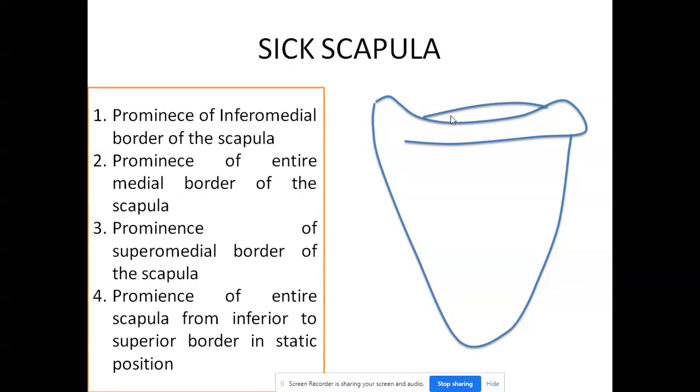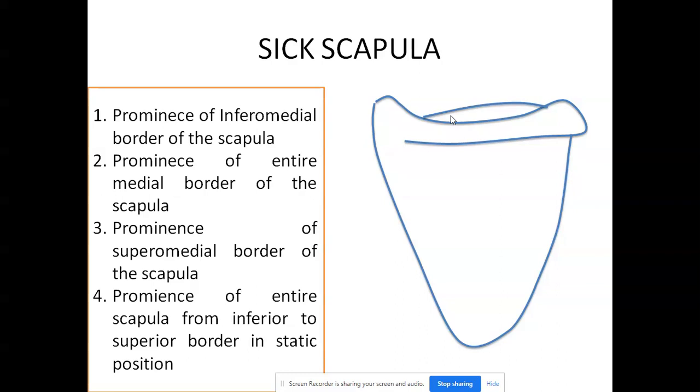Last part of the pathomechanics of the shoulder complex, that is SICK scapula. SICK scapula is when there is any prominence of any part of the scapula. Depending on the prominent part of the scapula, it is graded into four types. Let's learn what SICK stands for.